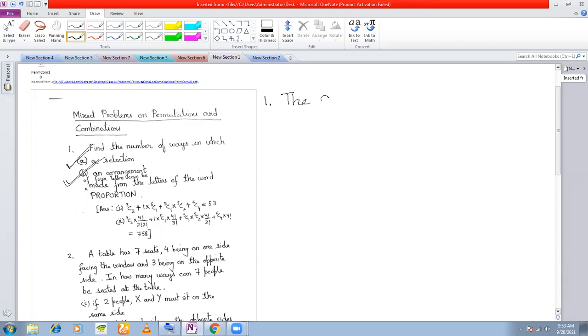That means the given word means letters. Now the question is, how many arrangements can be made? How many selections can be made by taking 4 letters at a time?